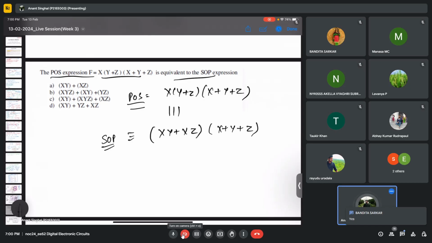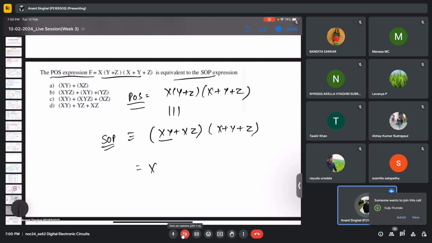So it is xy plus xz, and then it is getting multiplied by x plus y plus z. So I can write this as, I'm just opening each and every term.